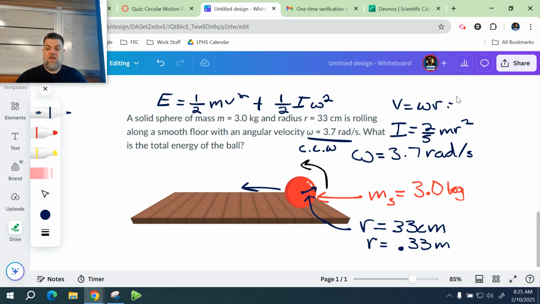So the angular velocity is 3.7 times the distance, or the radius, which is 0.33.